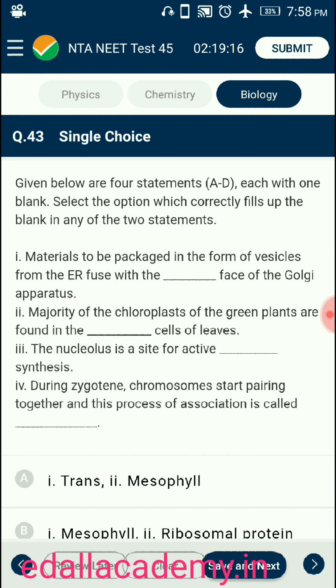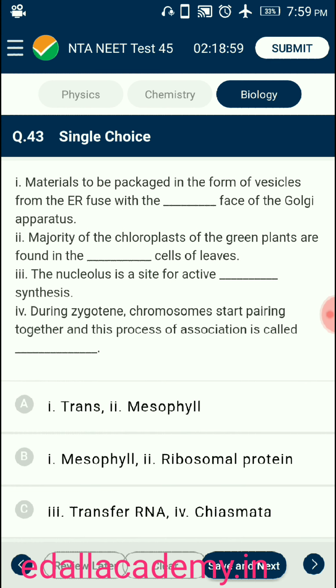Question number 43. Given below are 4 statements A to D, each with one blank. Select the option which correctly fills up the blank in any of the 2 statements. Synapsis is pairing of homologous chromosomes that occurs in zygotene phase of prophase 1 of meiosis. Golgi has 2 phases, one facing the nucleus called cis, convex or forming phase, and the other facing the cell membrane called trans, concave or maturing phase.